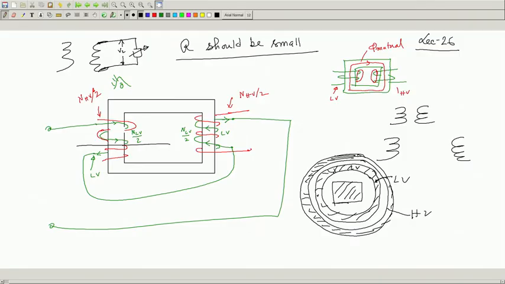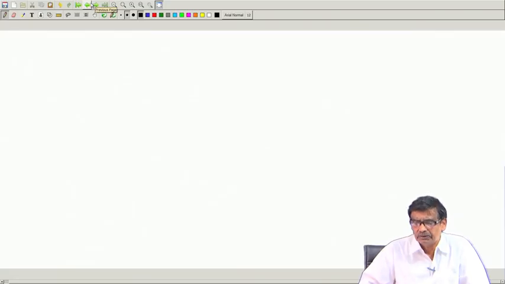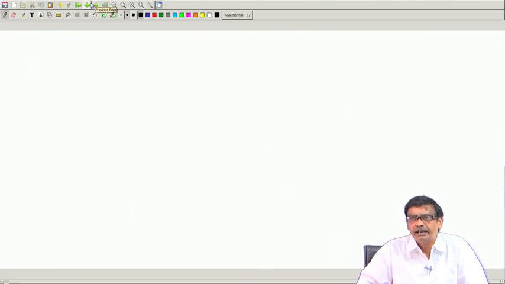Anyway, there is no mathematical derivation here, just from common sense we are trying to tell how leakage reactance can be reduced. Now, the next question is, should I go for trying to have leakage impedance 0?